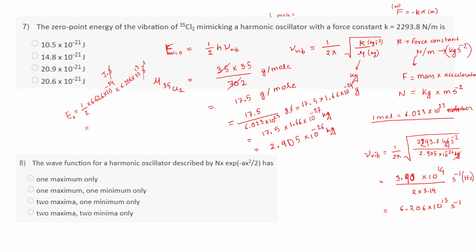I'll do that again. 2293.8 divided by 2.905 divided by 10 to the power minus 26. That will give me this. Square root of that will give me this, divided by 4. So I'll just erase this part. Okay.